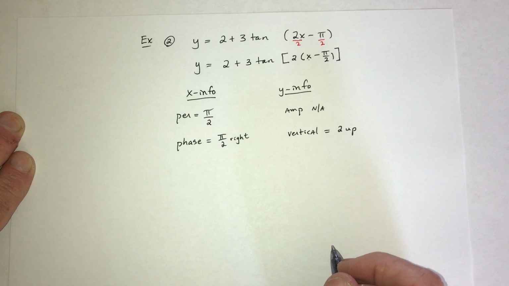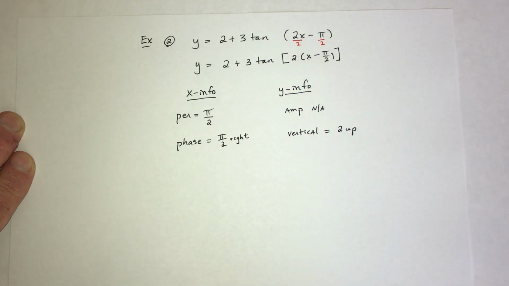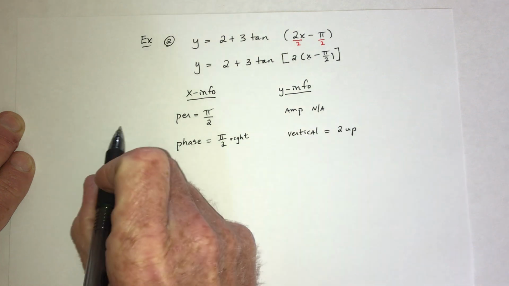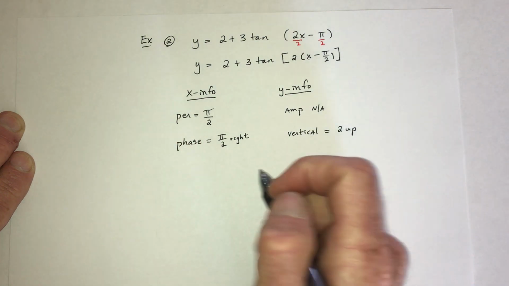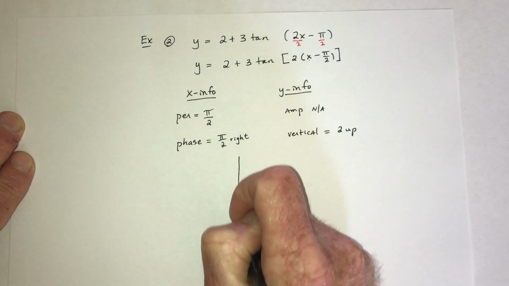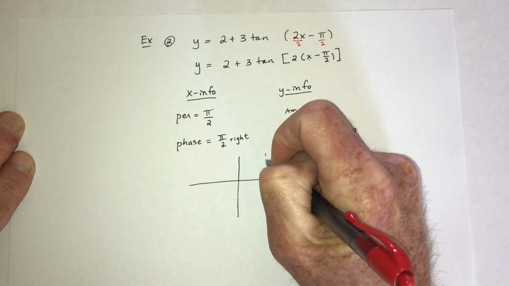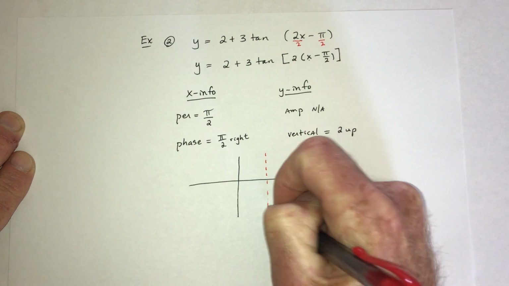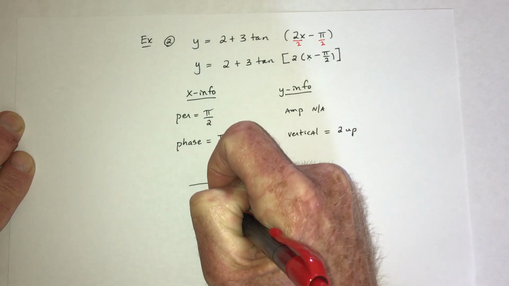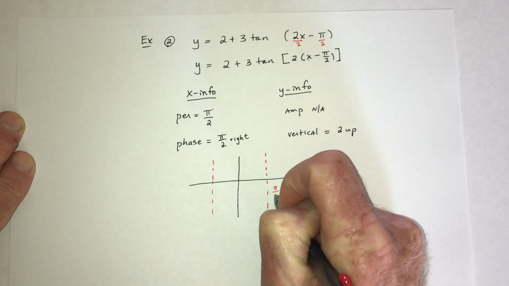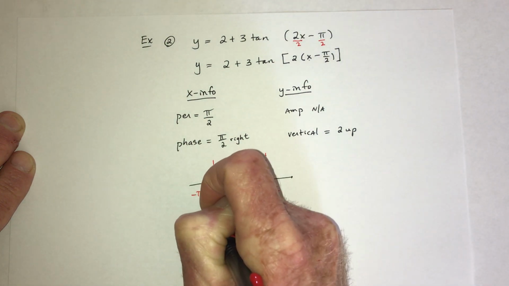Okay, now let's see. Here's how I'd prefer to do it. Usually I would write x's between these numbers, but with this it's easier to take the original graph. It has asymptotes. The original one has asymptotes at pi over 2 and negative pi over 2.